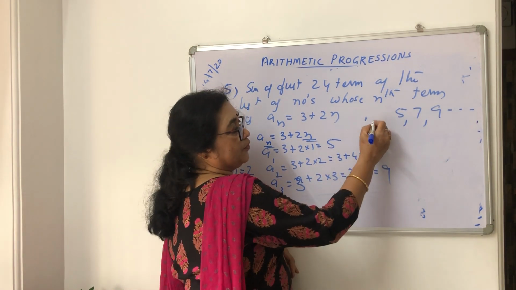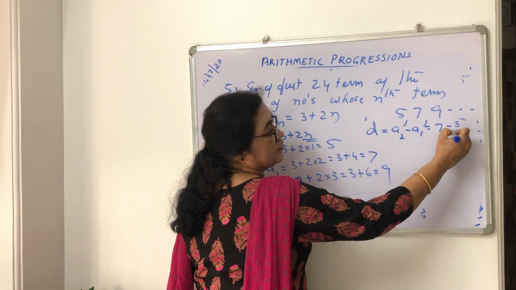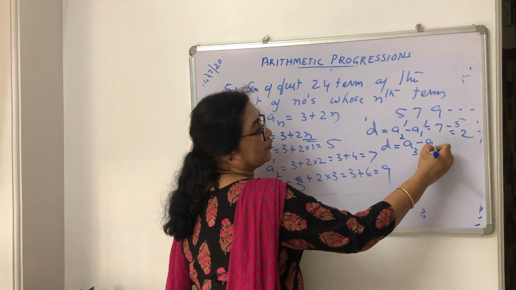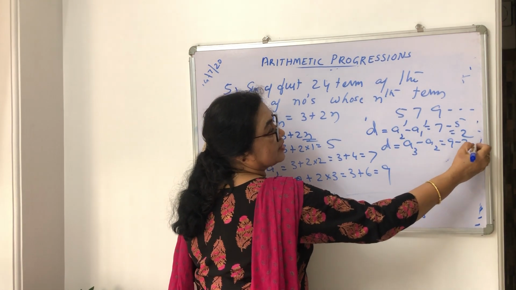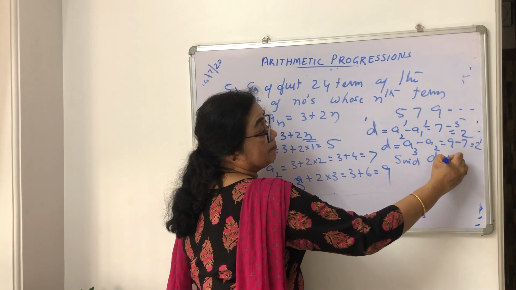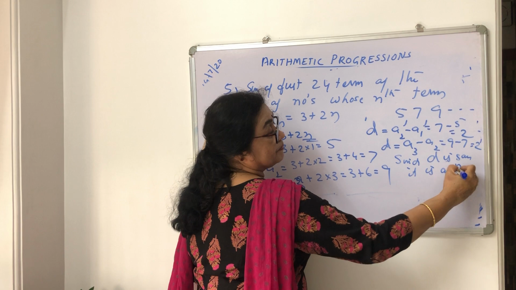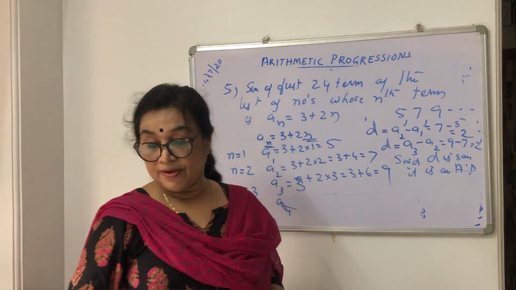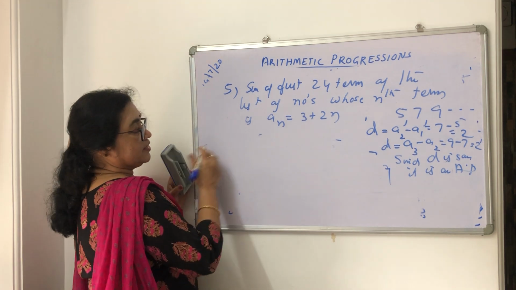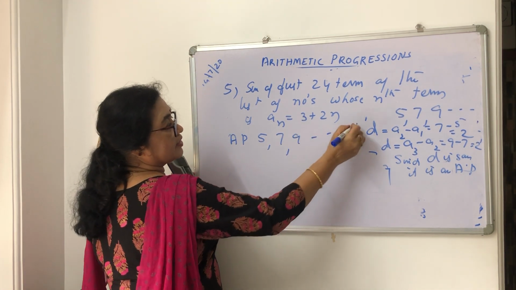So first you find D. A2 minus A1 is 7 minus 5 is 2. Then A3 minus A2 is 9 minus 7 is 2. Since D is the same, it is an AP. So our AP is 5, 7, 9, and so on.